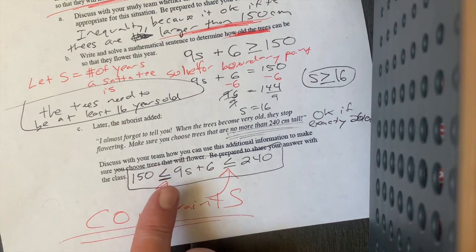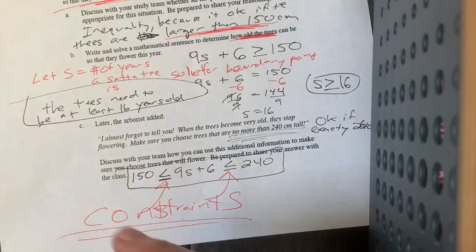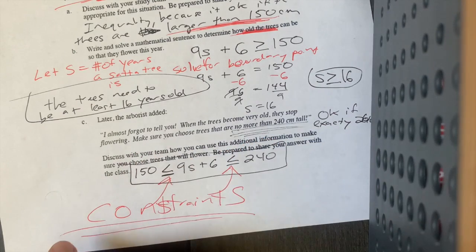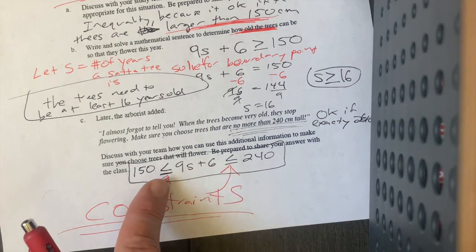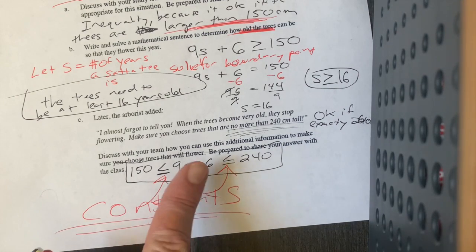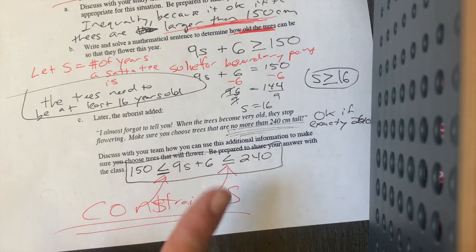Constraints are two or more inequalities being applied to a situation, saying your situation has got to be between these two things or limited in some way. A constraint is basically a limitation of some sort. We're limited here where a tree needs to be at least 150, but also needs to be less than 240. This is a way to represent this, and you can solve this.